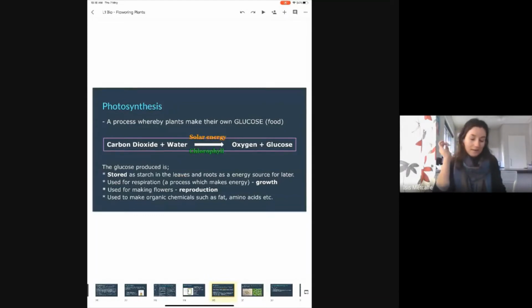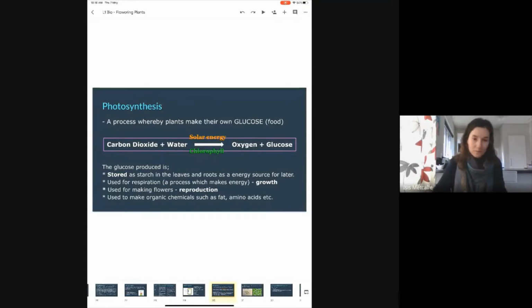And so it is this process where plants make their own food, not energy, remember. And you guys already know this equation, but I do want to bring your attention back to what the glucose is actually used for. So the plant makes its glucose, that's fine, but what is the glucose used for?